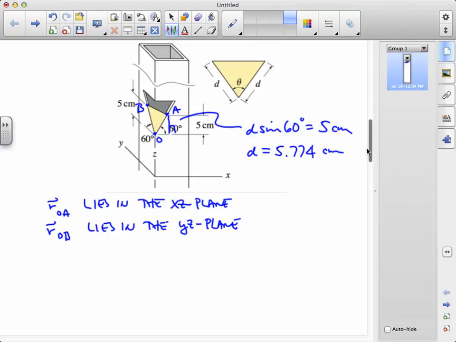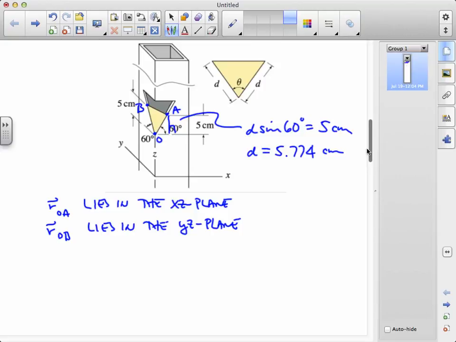Since r_OA and r_OB both lie in well-defined planes, we know that we can define a two-dimensional unit vector in terms of the cosines and sines of the angles made with a particular axis.